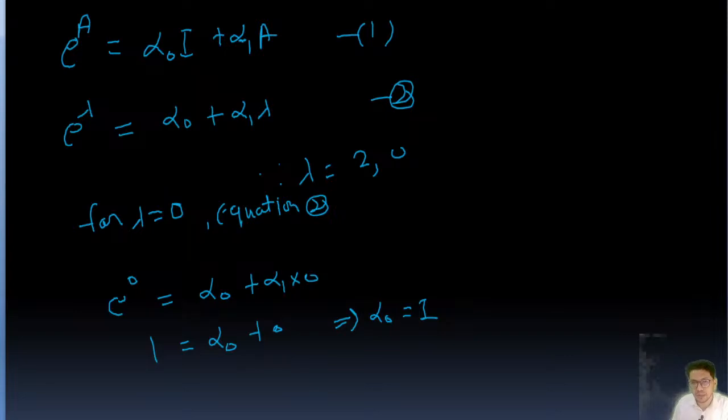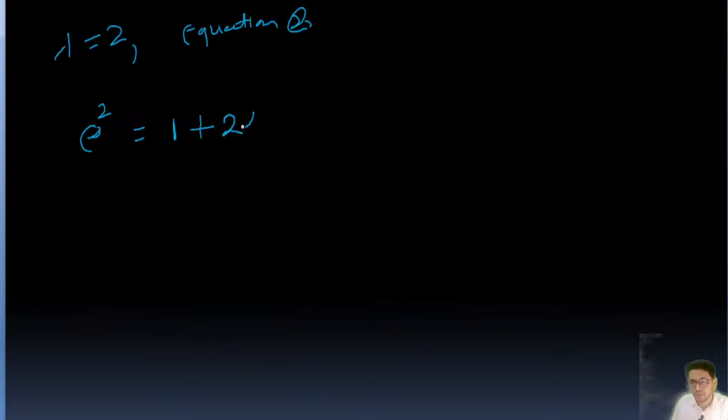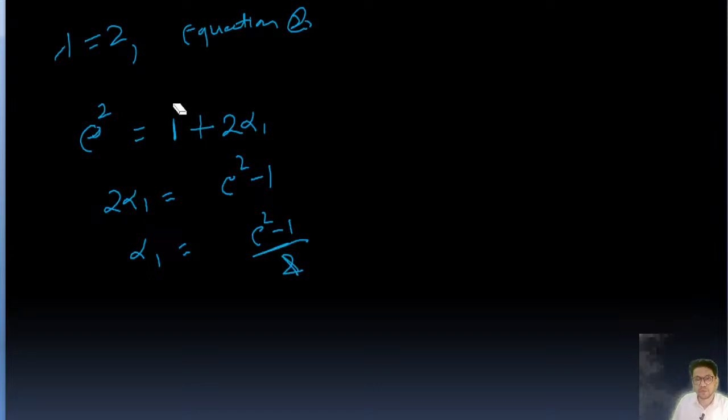Alpha 1 lambda is 2 alpha 1. So 2 alpha 1 is going to be e square minus 1, and alpha 1 is going to be e square minus 1 by 2. So this is the value.